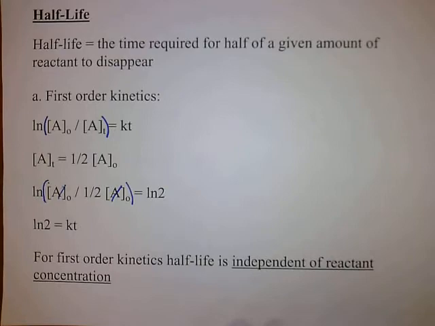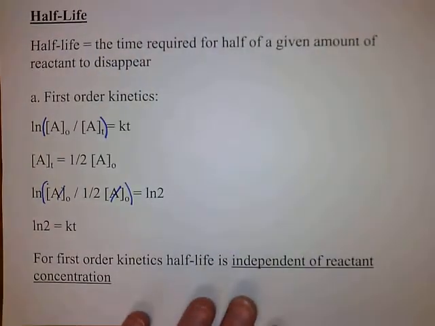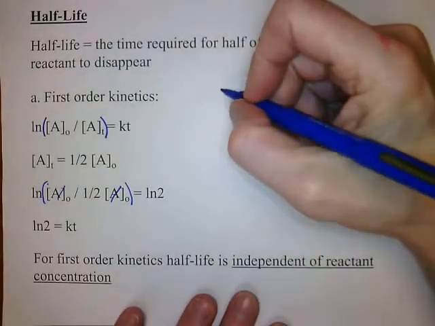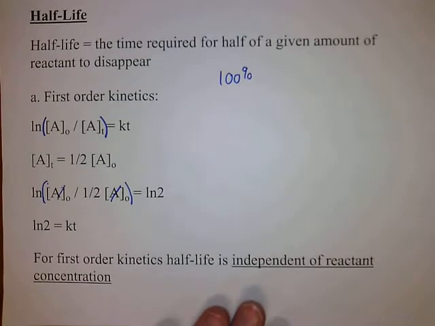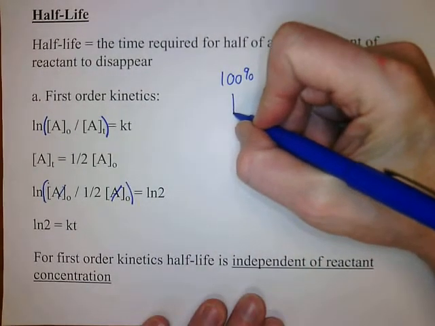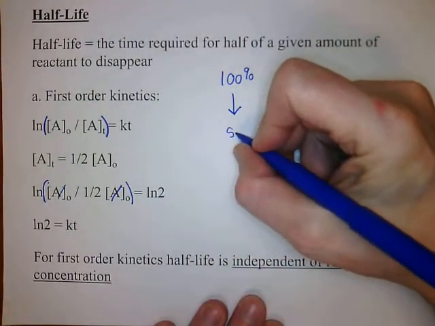Okay, so let's say, for example, we have some material. We start with 100% of our material, whatever we're reacting. And at the end of the first half-life period, let's say, we have 50% remaining.